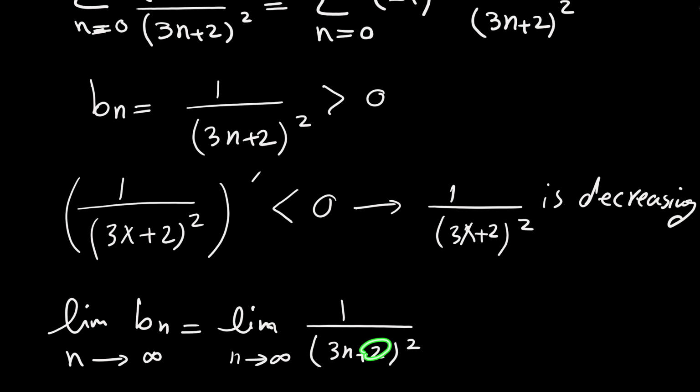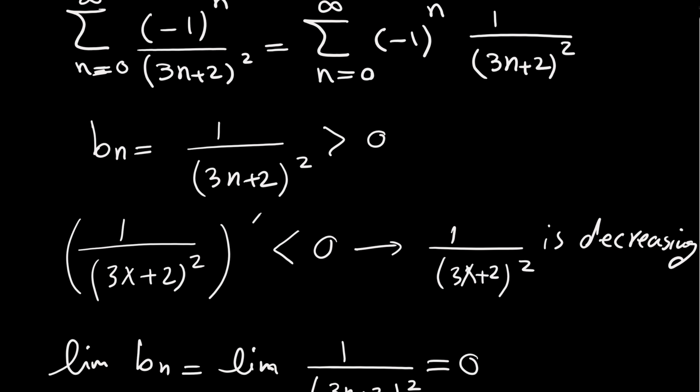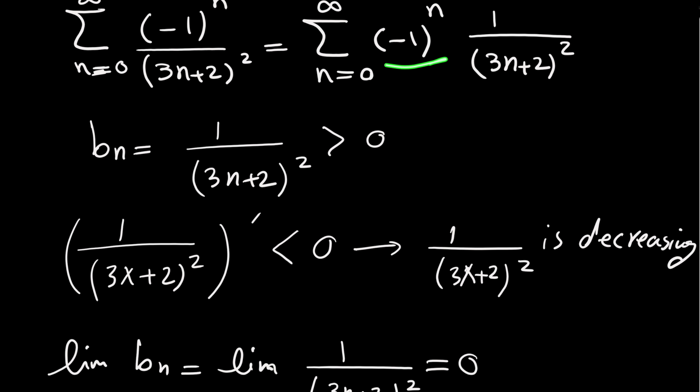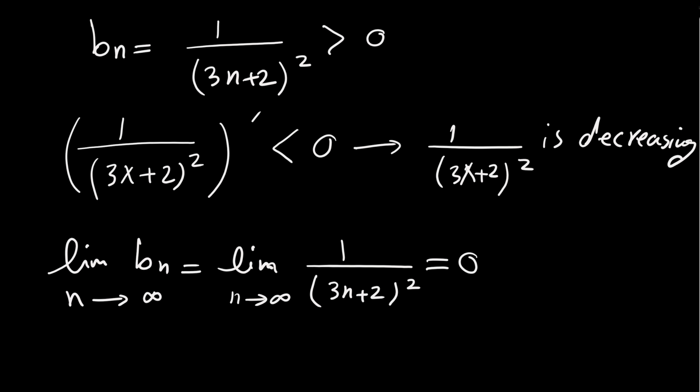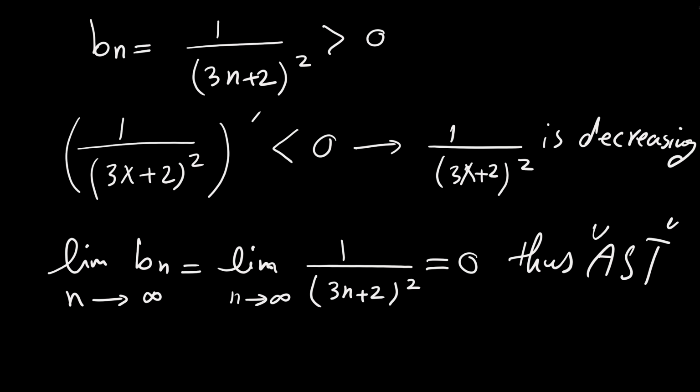Infinity plus 2 is infinity, and 1 over infinity is 0. Now we have all three conditions. We have alternating sign, the sequence is positive and decreasing, and the limit is 0. So by the alternating series test, we know that sigma (-1)^n b_n converges.